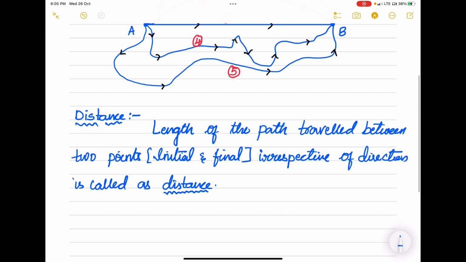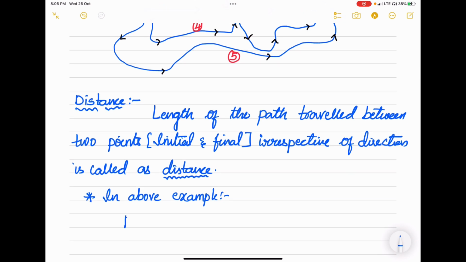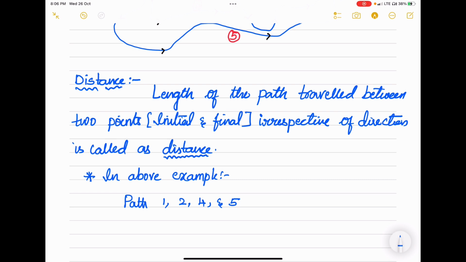So in the above example, you might have guessed by now, there are many paths, out of which paths 1, 2, 4 and 5 are traveled irrespective of direction. The person is traveling in these paths irrespective of direction.